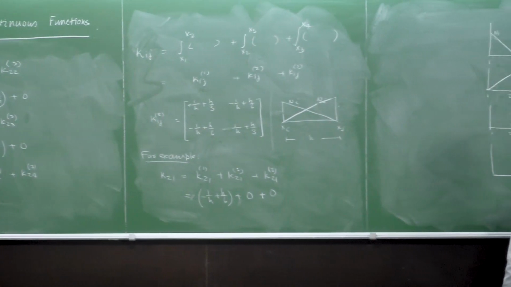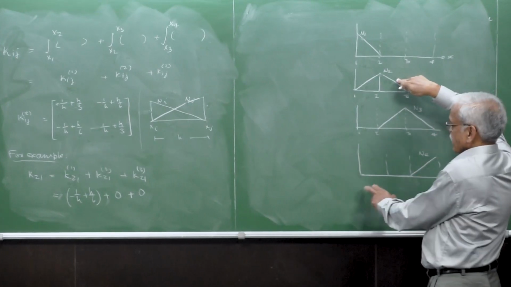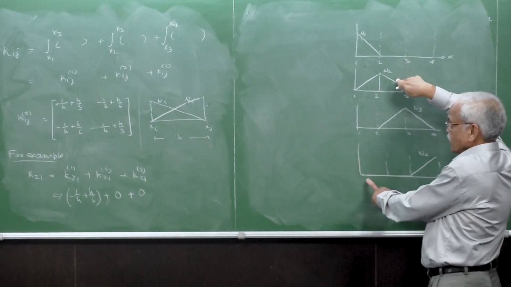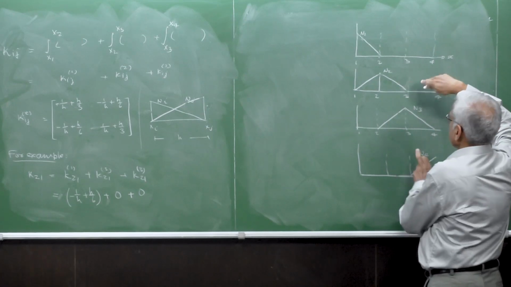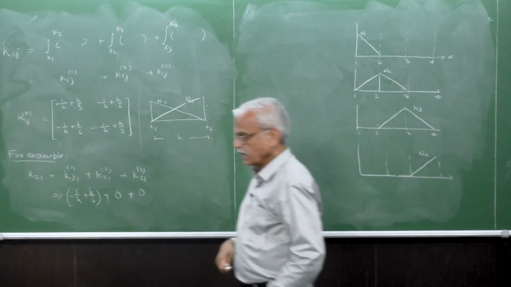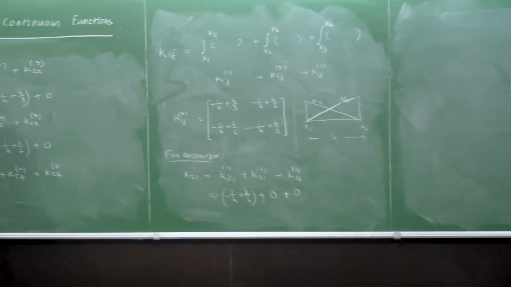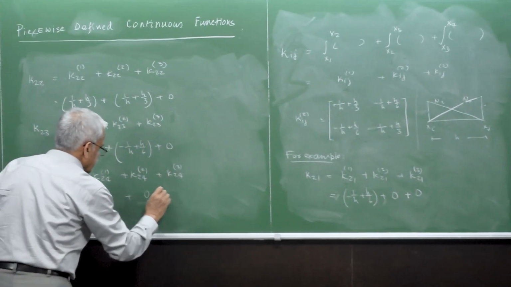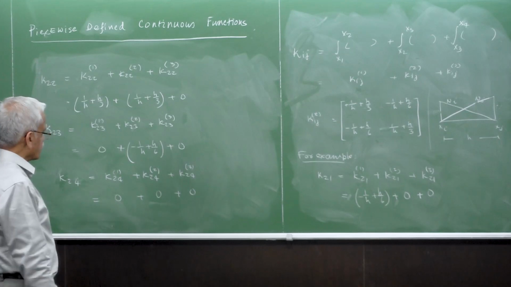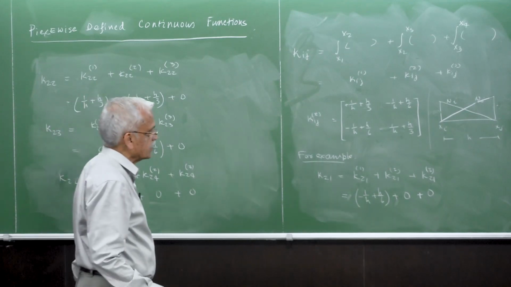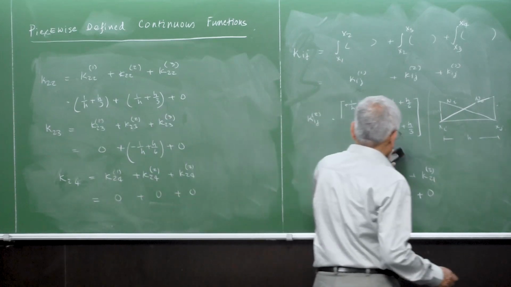In element 1, it is 0. In element 2, this is 0. In element 3, this is 0. So in all 3 contributions, either N4 is 0, N4 is 0, or N2 is 0. So K24 is completely 0. Okay. So now this equation is complete.